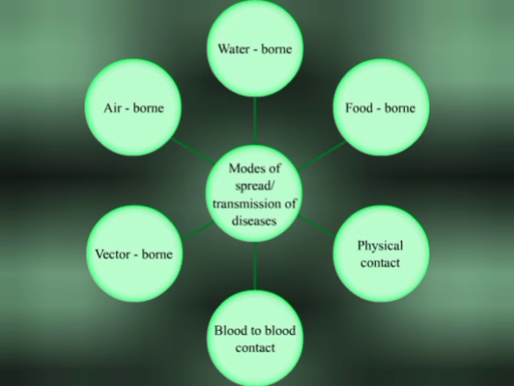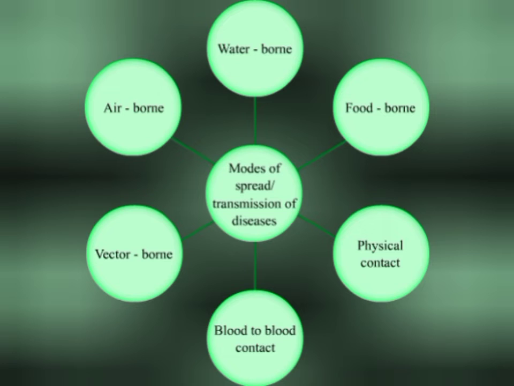Waterborne means bacteria or any sort of thing coming through water, for example cholera. Foodborne means the pathogen is coming through food, for example cholera, typhoid, etc. Physical contact: we all know that coronavirus can spread through physical contact. Blood to blood contact is the example of the HIV virus, which can cause AIDS.